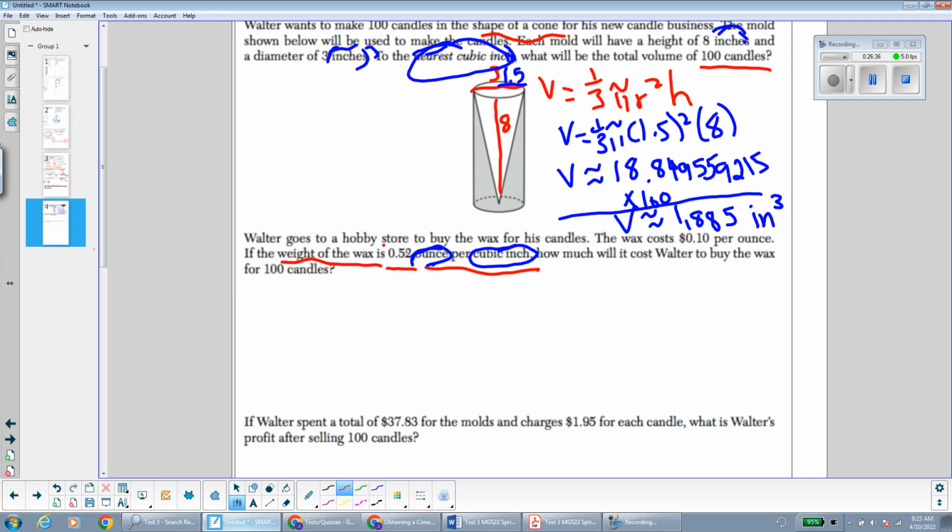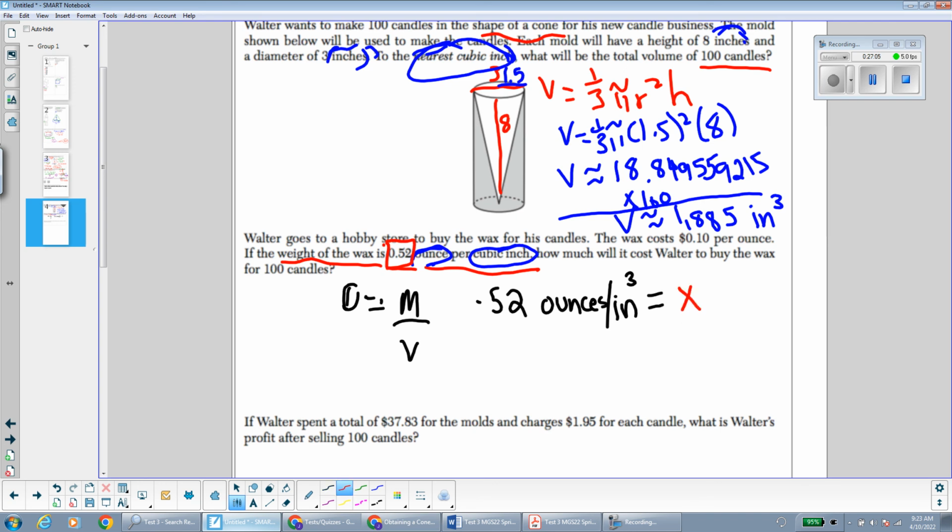So that tells us that this 0.52 number is the density of the wax. So our formula for density is equal to mass over volume. I'm going to plug in the 0.52 for density, and that's ounces per cubic inch.